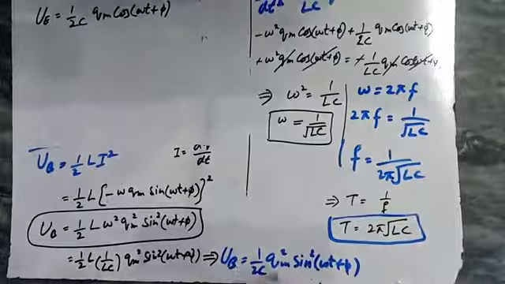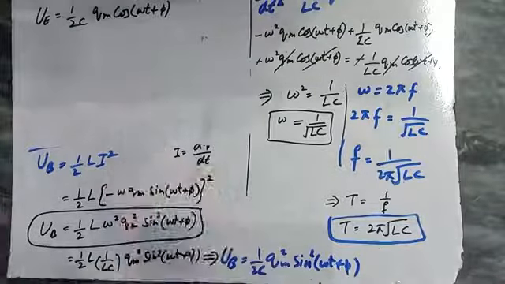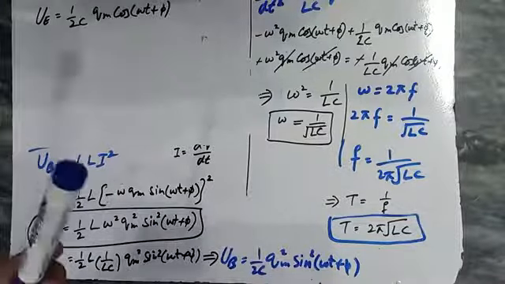This is magnetic energy at any instant, and this is electric energy at any instant in an LC circuit.